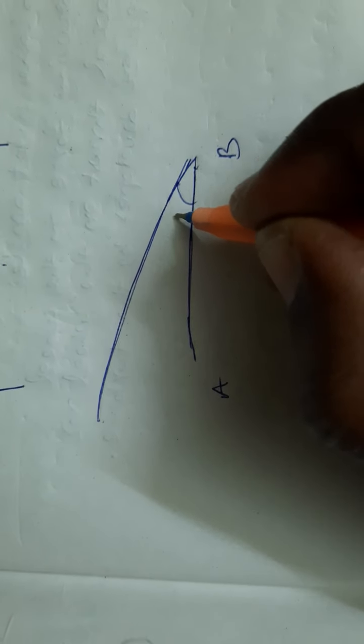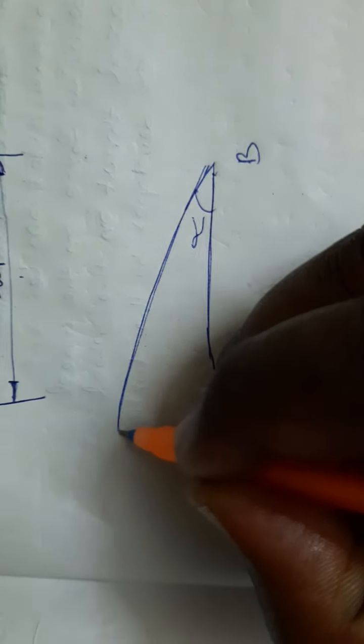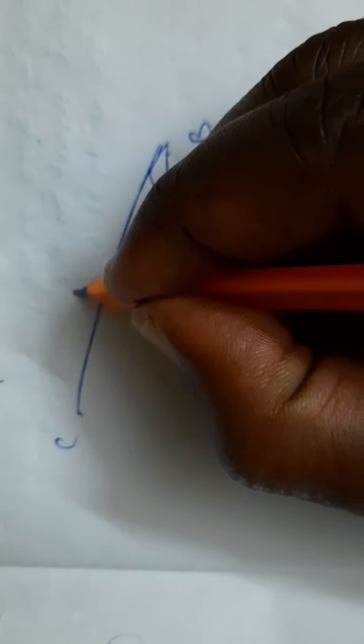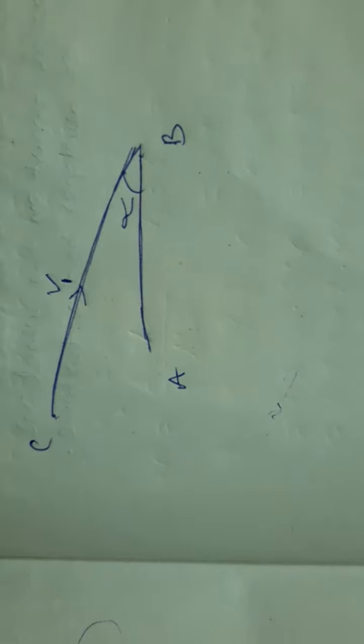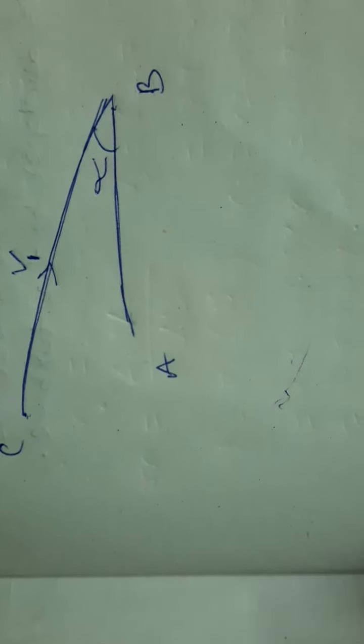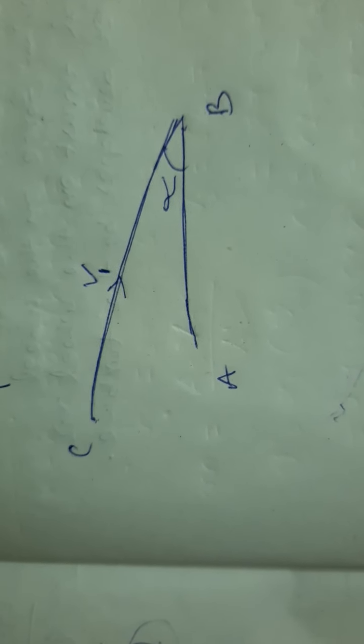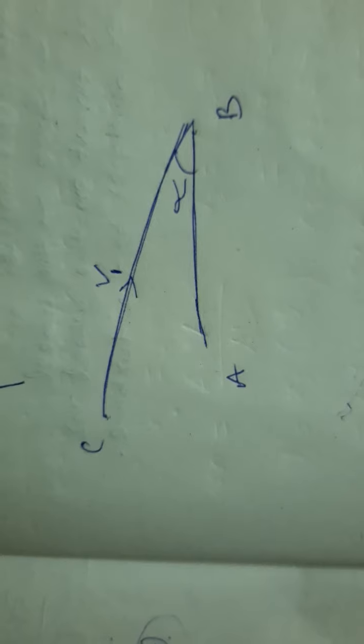Here the angle is alpha, and now cut off BC equal to V1, that is the velocity of the steam jet at the inlet of the blade, to the scale.